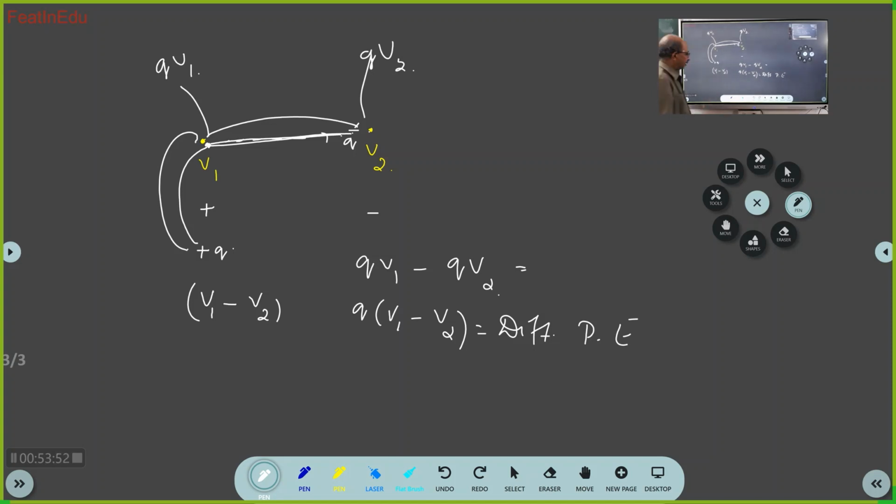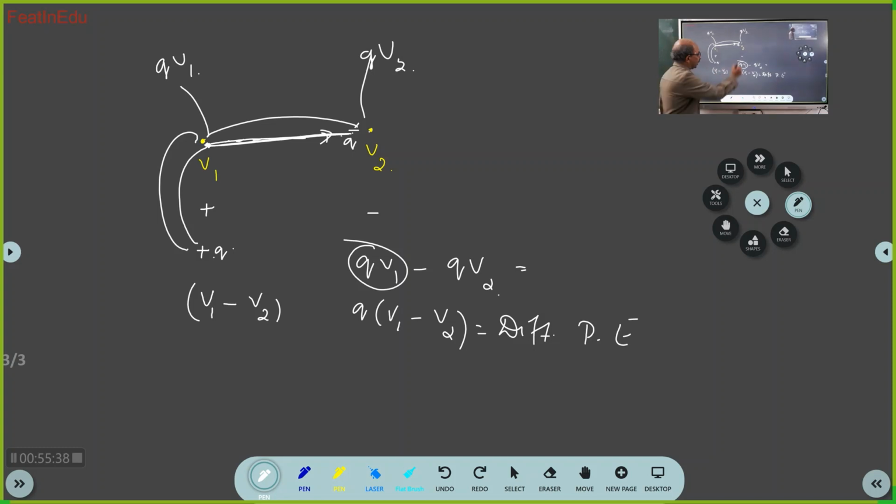Okay. See, here the charge is the same. I told you to place a charge Q here, and this charge will move from here to here. The same charge will move. So this charge, when it is at this point, its energy is QV1.